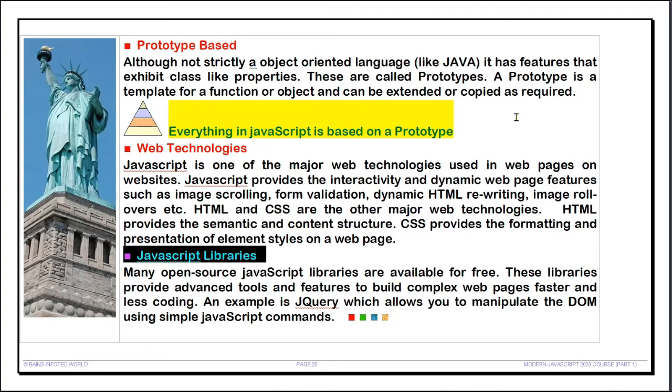And the libraries also provide you with an element of protection against incompatibilities between different browsers. A JavaScript library will contain different commands for if one browser supports a feature and another browser doesn't.